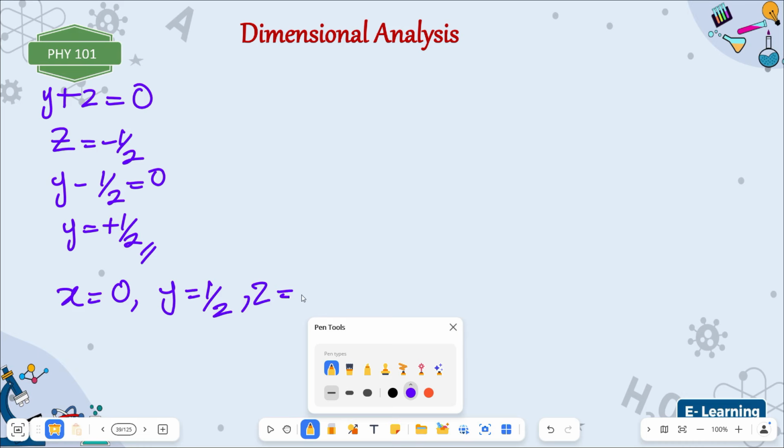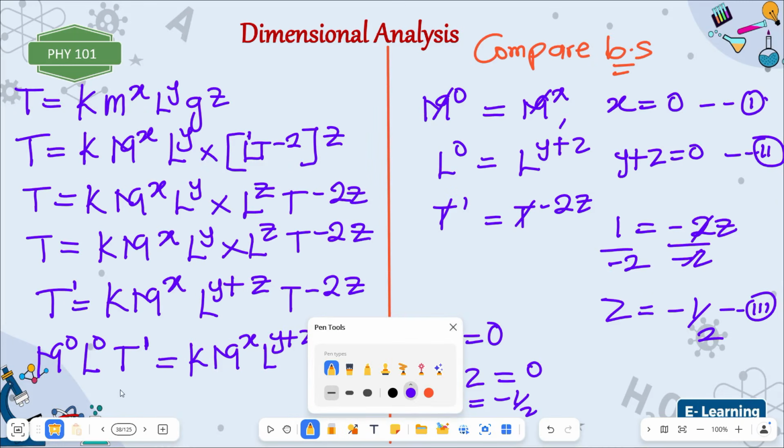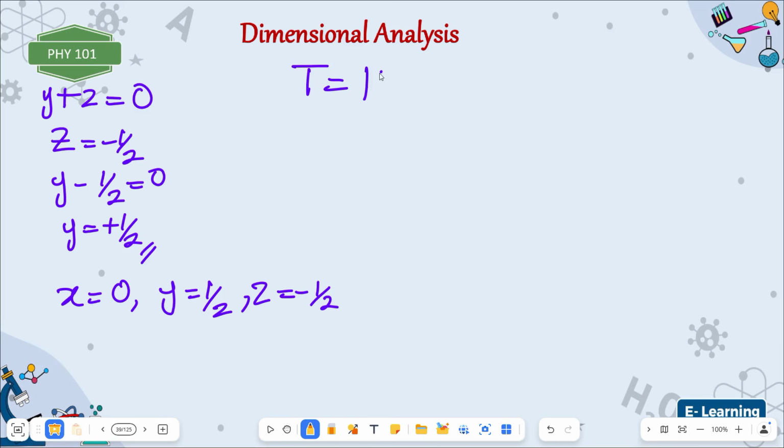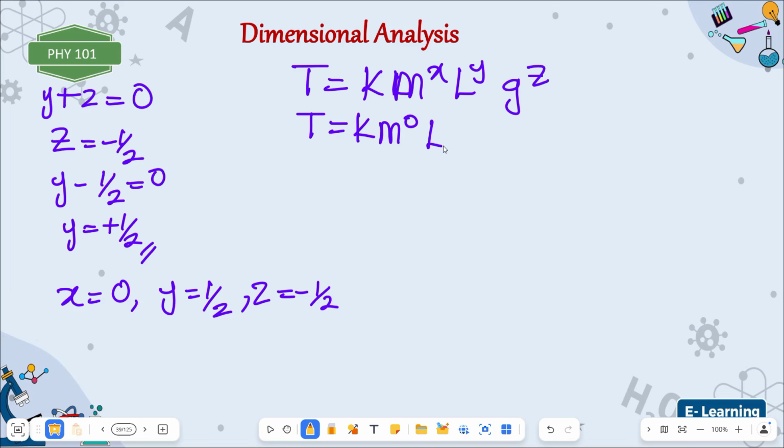Z is minus half. Recall the initial, this is T is equal to K M to the power of X, L to the power of Y, g raised to the power of Z. So you come here and say T equals K, M first to the power of X, L to the power of Y, g to the power of Z. So T will be equal to K. X is 0, so you put 0 here.